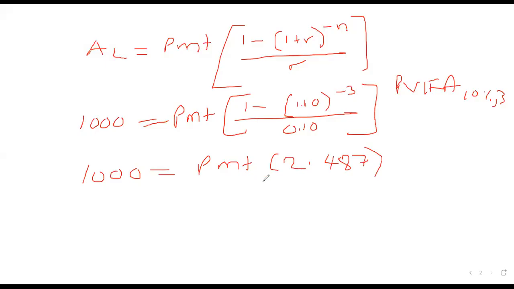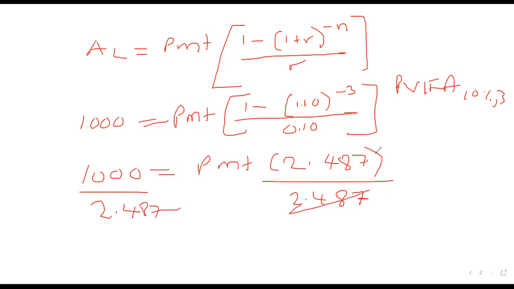So when you divide on both sides, what are we getting? Our payment becomes 402. This is our periodic payment.